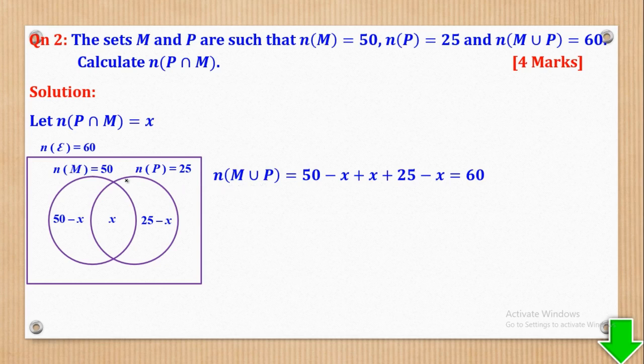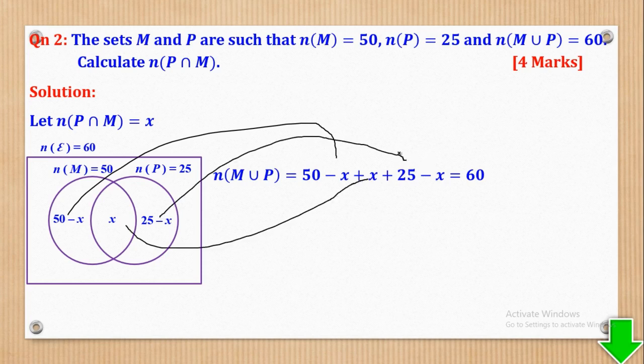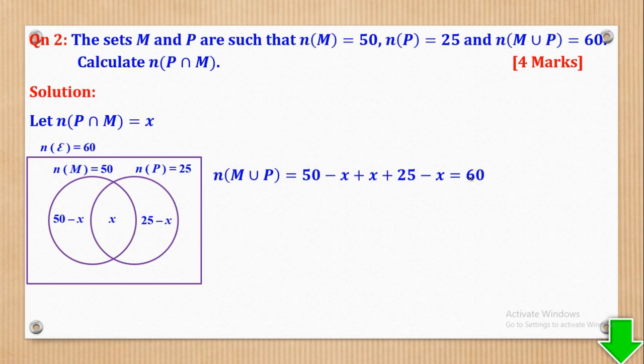We know that the number of members in M union P is 60, therefore this plus this must add up to 60. So we shall say this which is there, this which is here, and this which is there is equal to 60. After that, we shall collect like terms.